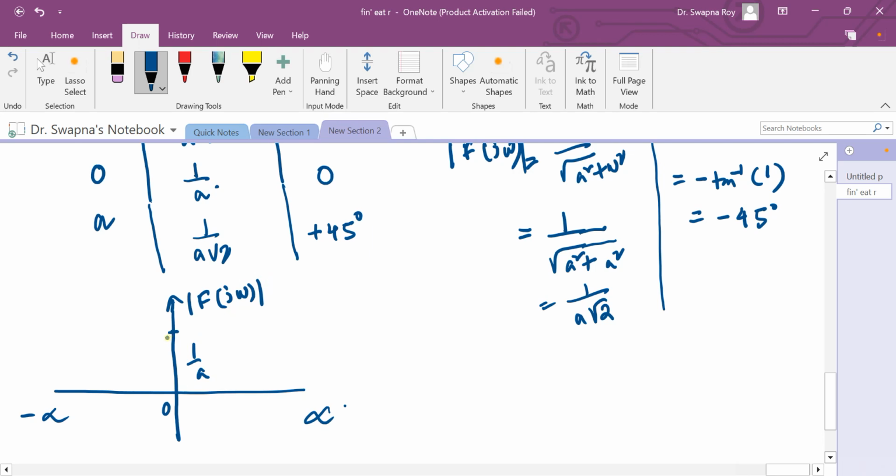So at 0 it is 1 upon a. So the plot will be like this. This is the amplitude spectrum of the Fourier transform.